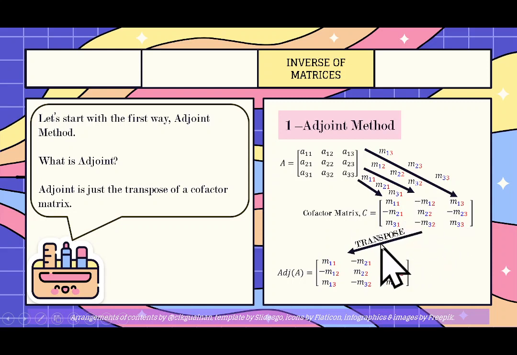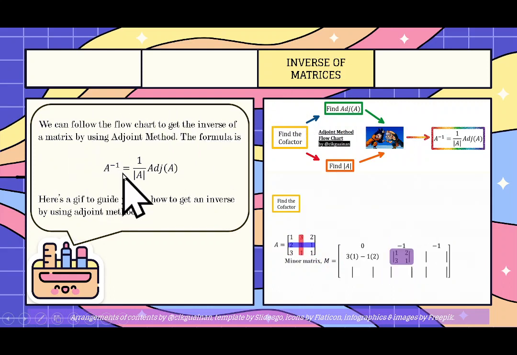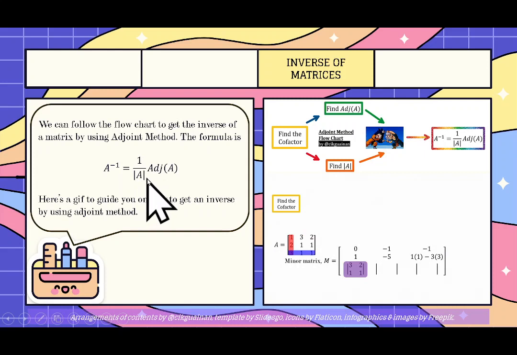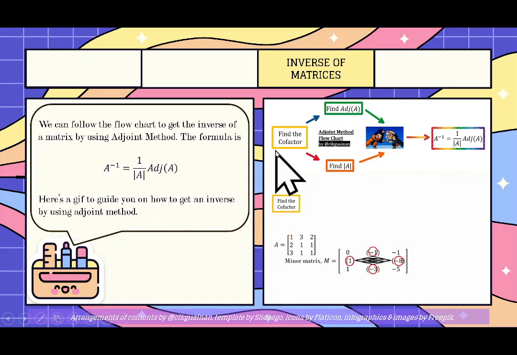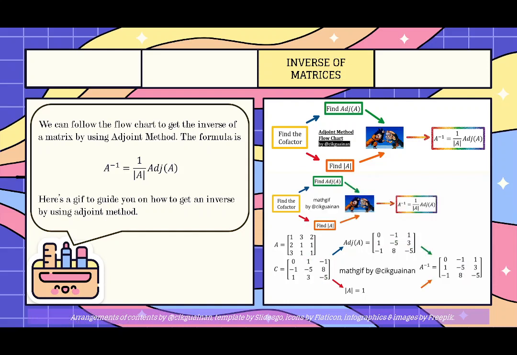Then we transpose it to get the adjoint of A. And then we can follow this formula: A inverse equals 1 over determinant of A multiplied by adjoint A. Follow the flowchart that I made just now in front of you on the screen, and also follow the GIF that you can see down below. So that is the inverse.